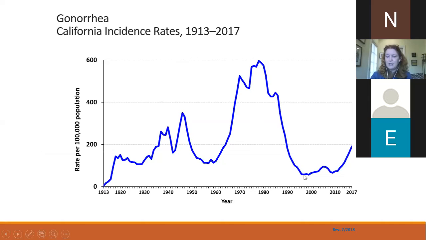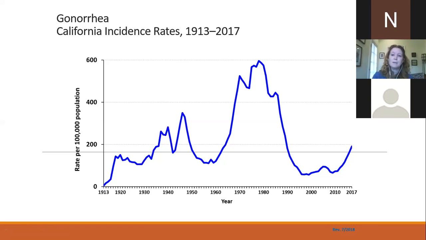And then we started to get a hold of it. We did a lot of testing, we did a lot of treatment, but now we are on an upward turn with gonorrhea, and we are just about where we were in the 80s. So while we had done a good job for a while, now it's coming back.